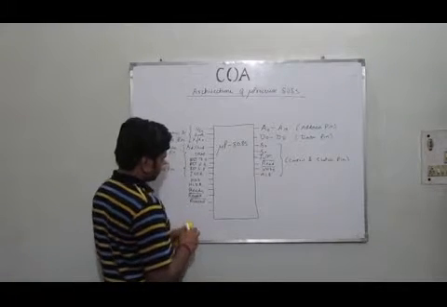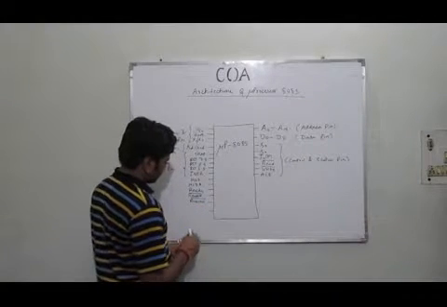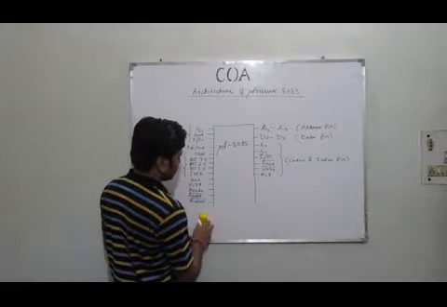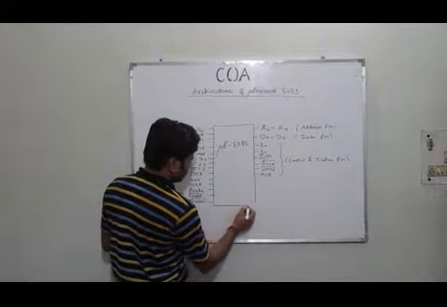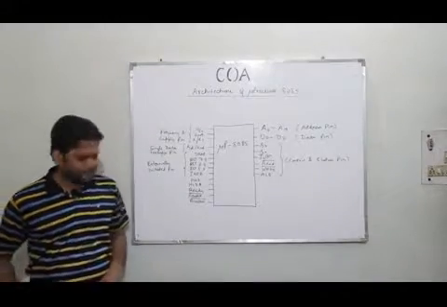So this is reset in, this is reset out, and this is all about it. So this is the architecture of the microprocessor 8085.